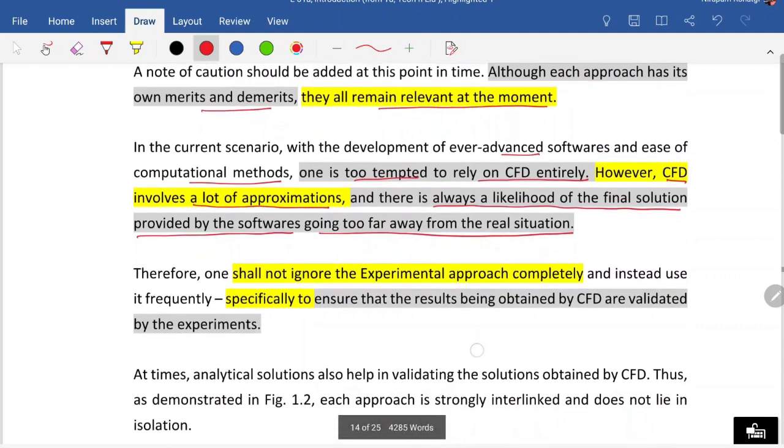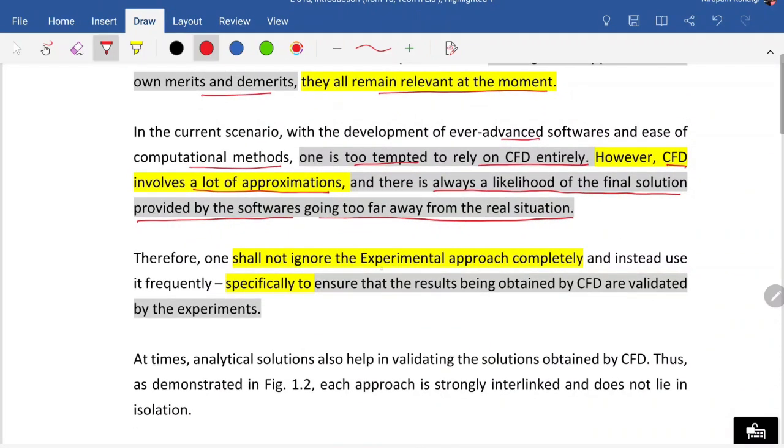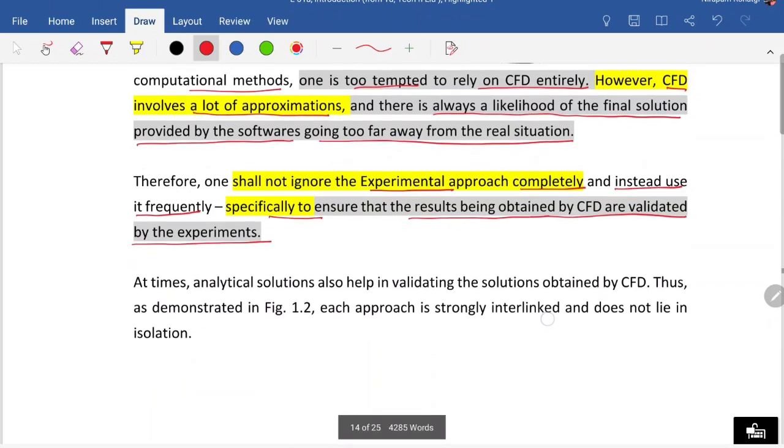Okay, so therefore one shall not ignore the experimental approach completely and instead use it frequently, specifically to ensure that results being obtained by CFD are validated by experiments. You should always be eager to solve your problem experimentally, validate it at least.